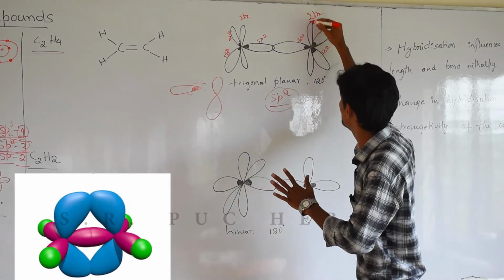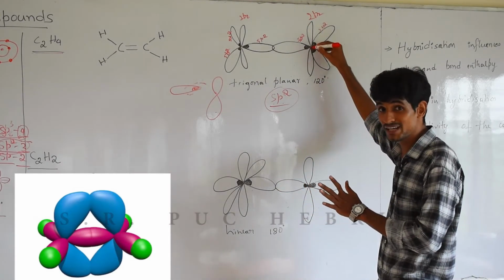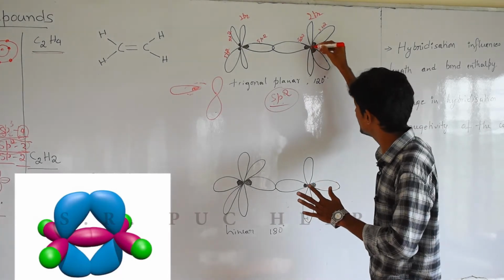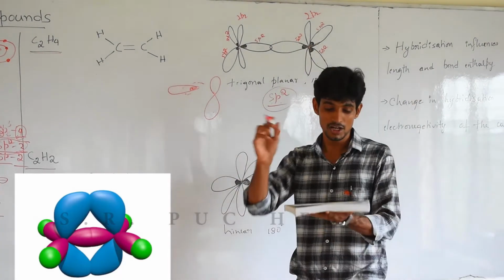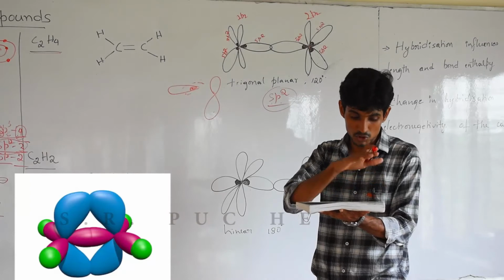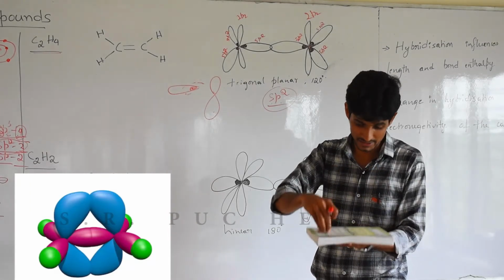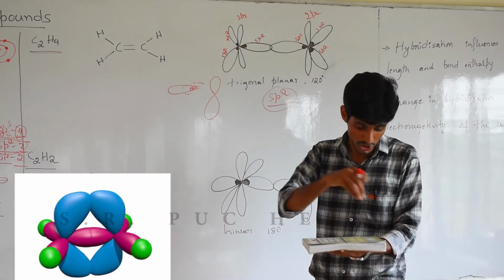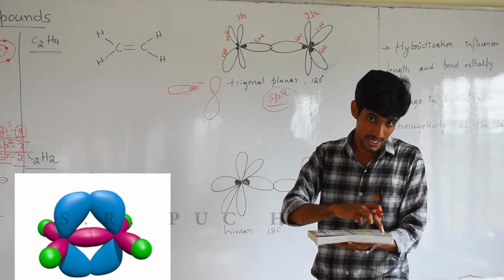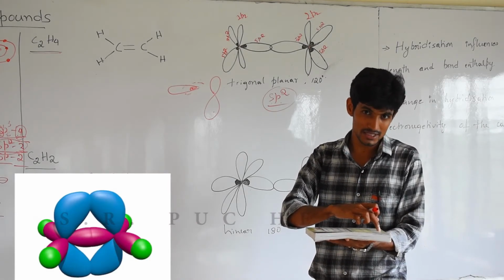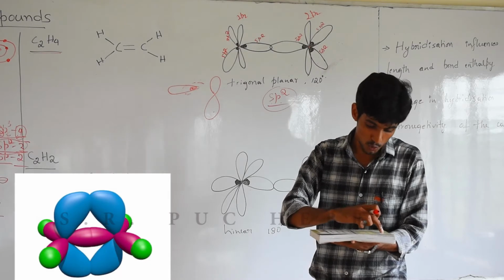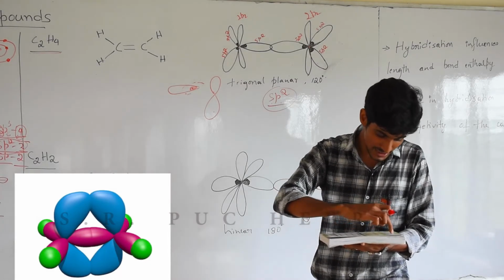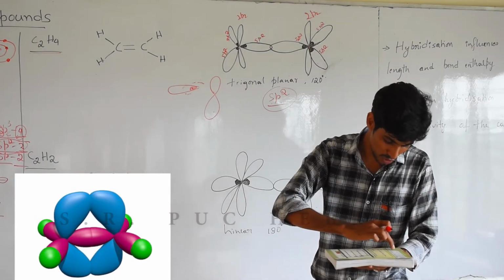Now imagine two carbon atoms present here and here. This carbon atom has three sp2 hybrid orbitals: one like this, one like this, and one like this.